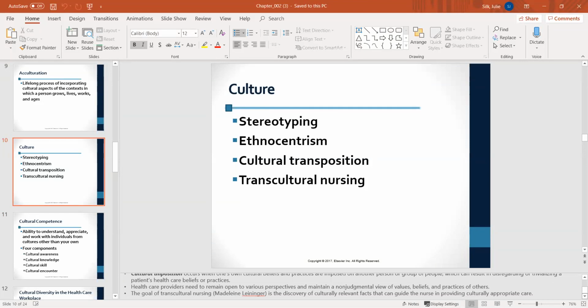Healthcare providers need to remain open to various perspectives and maintain a non-judgmental view of the values, beliefs, and practices of others. The goal of transcultural nursing, which was Madeleine Leininger's focus of her study, is the discovery of culturally relevant facts that can guide the nurse in providing culturally appropriate care.